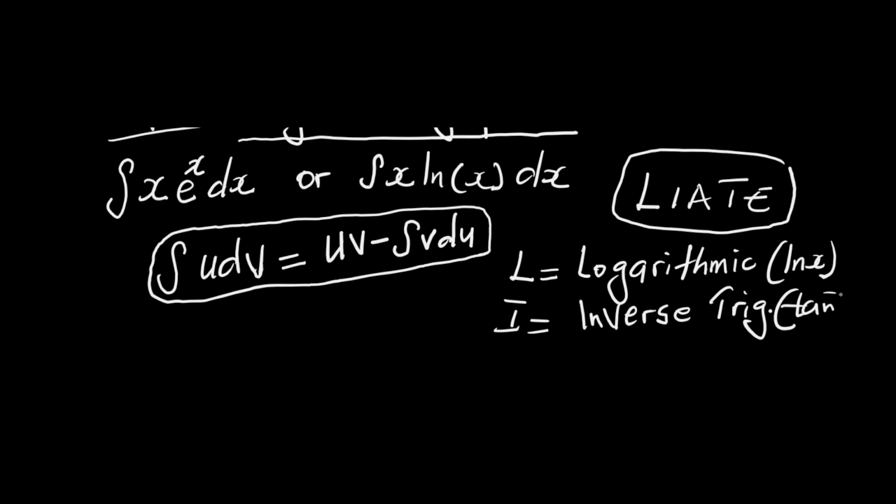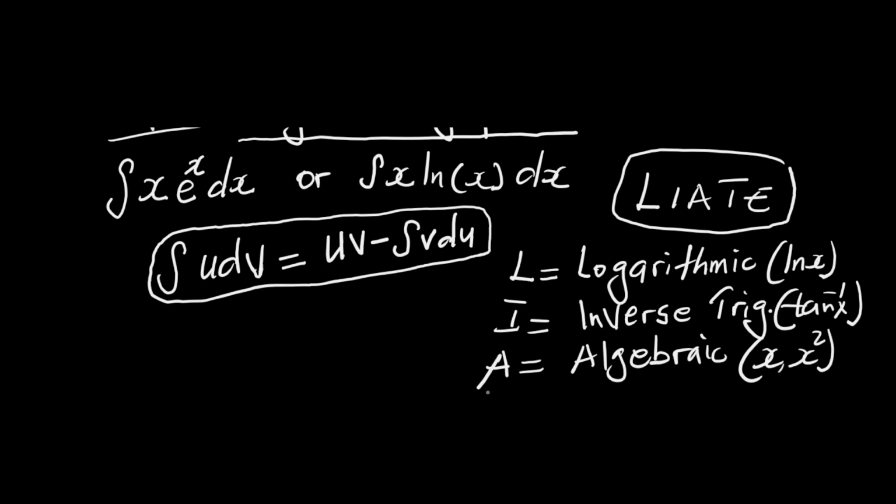Tan inverse. A stands for algebraic, x square. T stands for trigonometry: sine x, cos x.